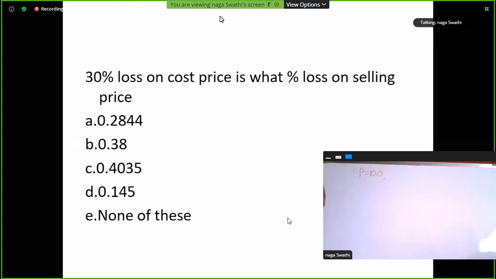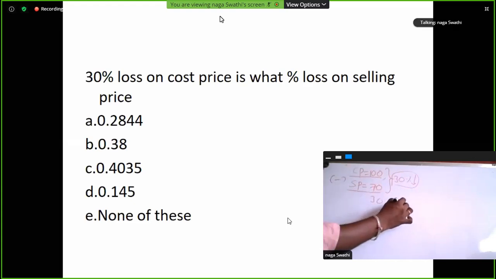So here 30% loss on cost price, then selling price is equal to 70. So from here to here 30% loss. Okay, what percent loss on selling price? So here what is the loss, ma'am? 30 rupees. 100 rupees cost price, selling price 70 rupees. So difference. So which one is greater one? Cost price. What is the result? Loss. So how much it is? 30 rupees loss.